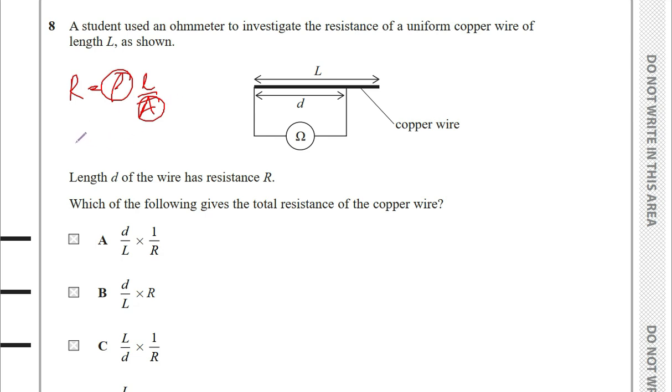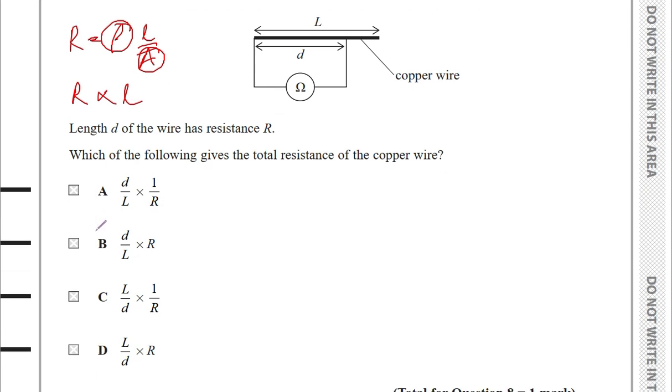So from here you can say that resistance is proportional to the length. I might be making it a bit complicated, but this is the best way you can relate to this question. So what we have established so far is resistance is proportional to the length.